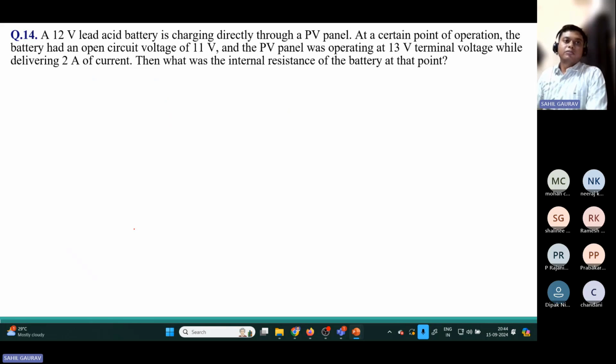Next problem: a 12 volt lead acid battery is being charged directly through a PV panel at a certain point of operation. The battery had an open circuit voltage of 11 volt and the PV panel was operating at 13 volt terminal voltage while delivering 2 ampere of current. Then what was the internal resistance of the battery at that point?